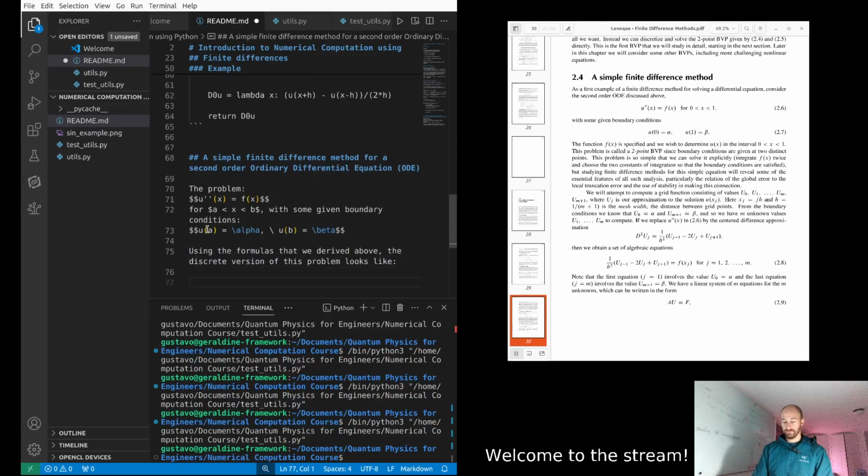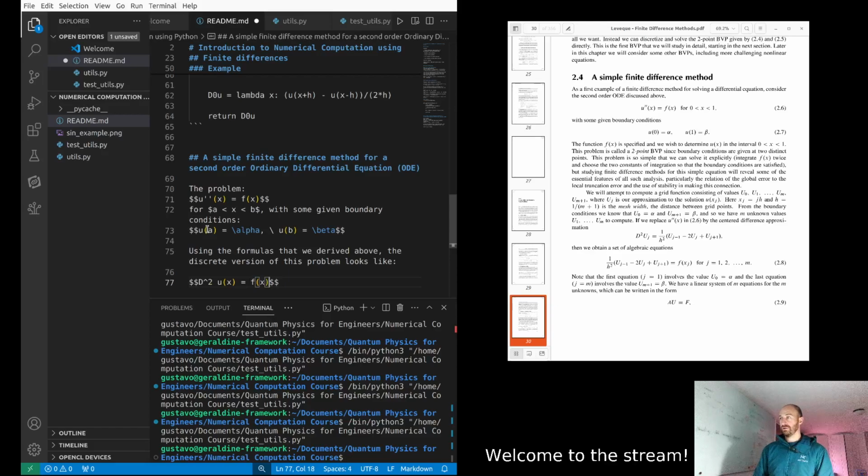We can see it here on the node. It looks like D2 of u is equal to f of x.